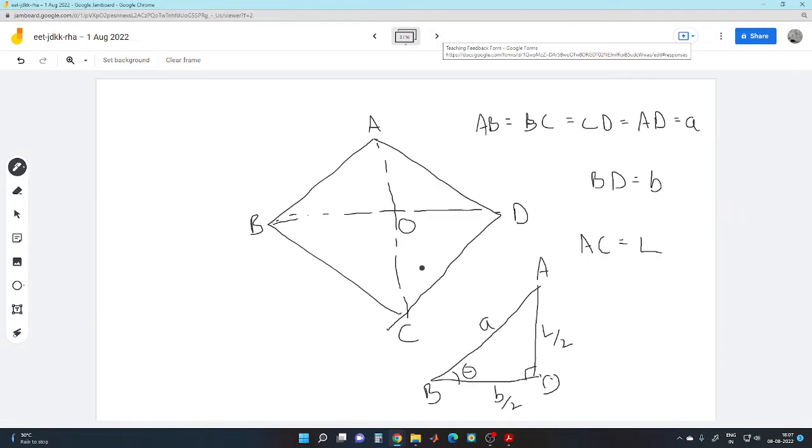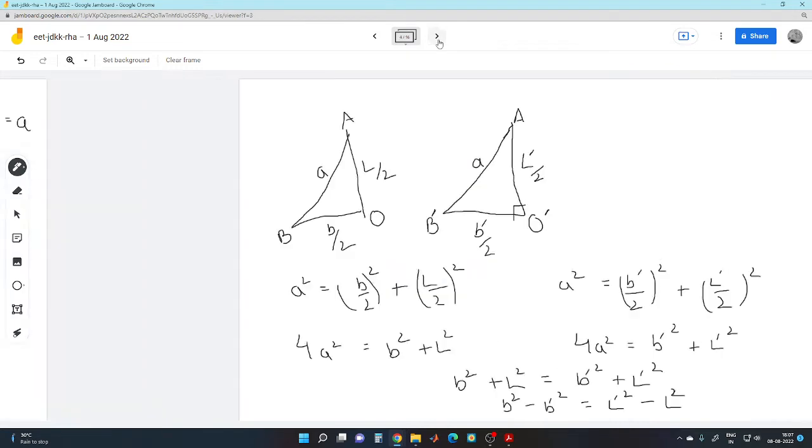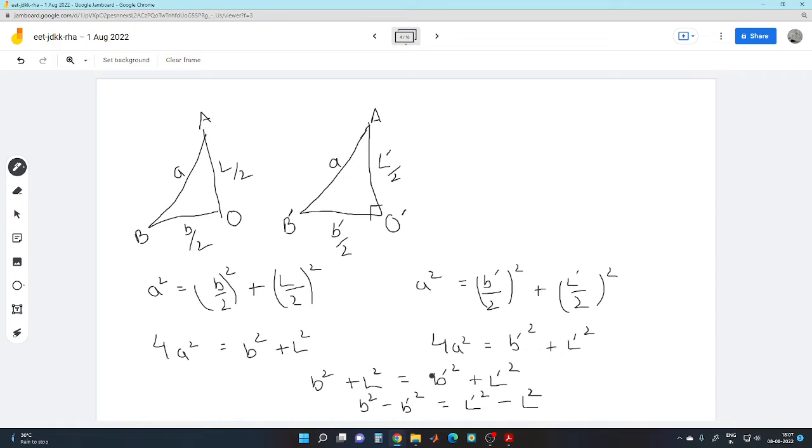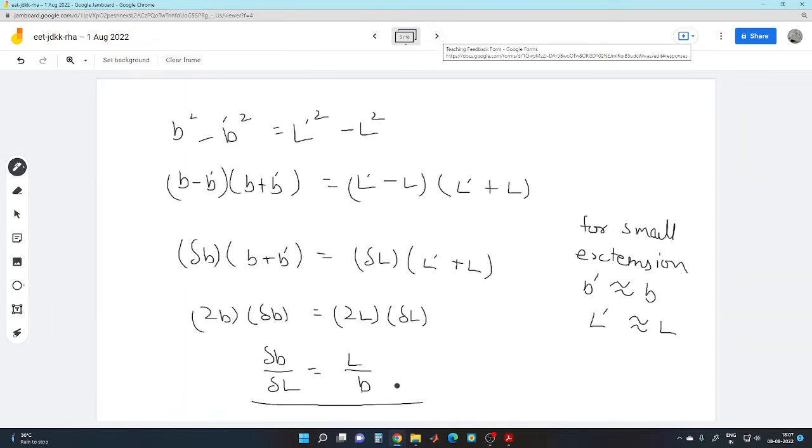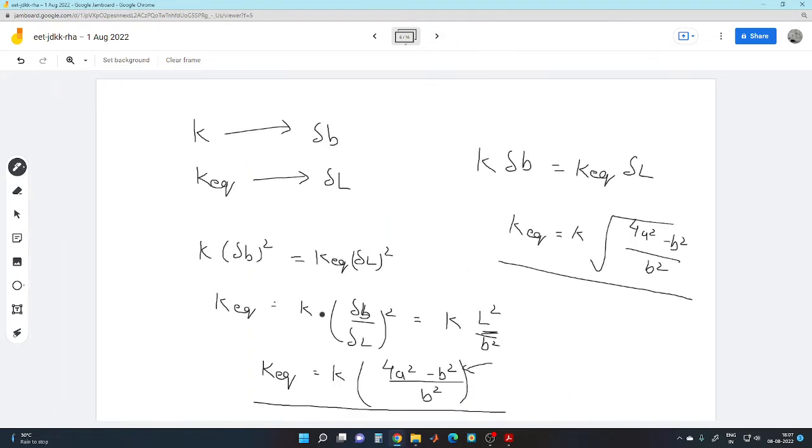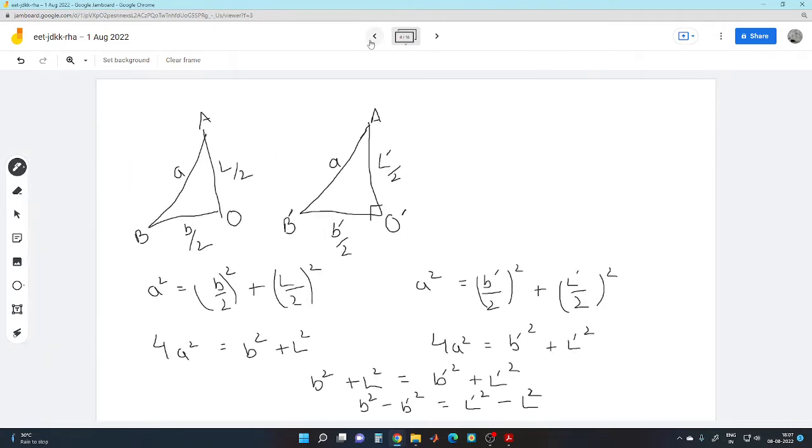For that, we made an equivalent construction diagram, which is OAB, and we used the simple Pythagoras theorem, nothing special regarding that. Using that, we got the relation of delta B and delta L, which was L by B. Using energy conservation, we found the K equivalent.